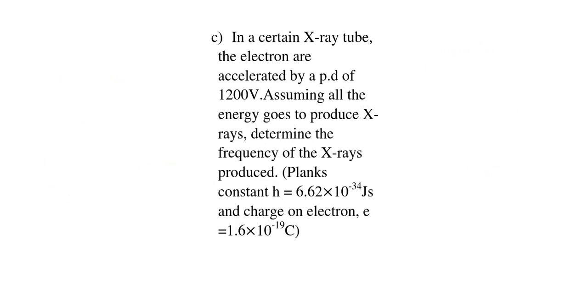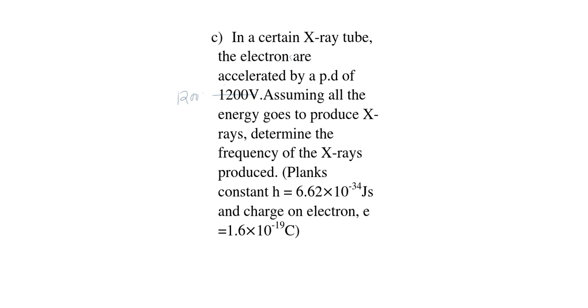Then part C. We are told that in a certain X-ray tube, the electrons are accelerated by a potential difference of 12,000 volts, not 1200.